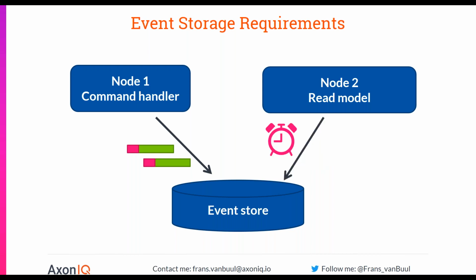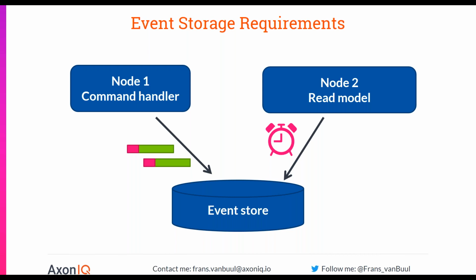Well, the standard way of doing it in Axon Framework nowadays is with tracking event processors, which would poll the event store every second. And the reason we do that is that traditional databases don't have a way to push updates to their clients. So there's no way for us to make, say, an Oracle database effectively tell other Axon nodes that it has a new event available.